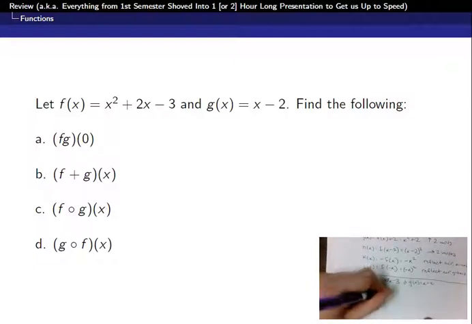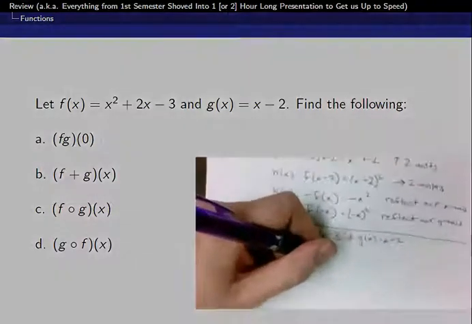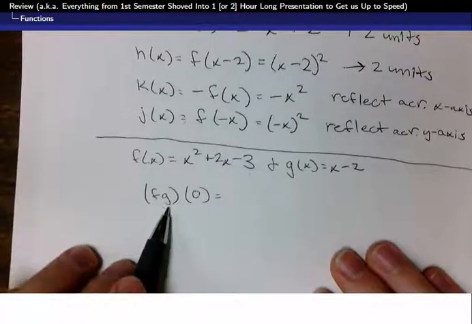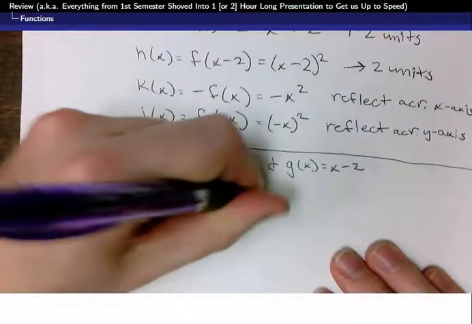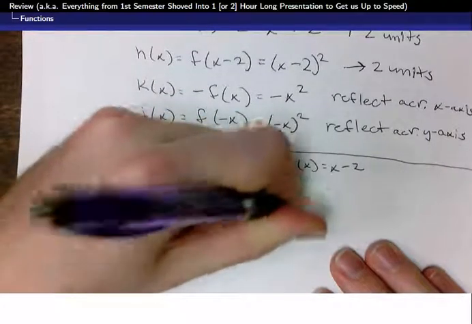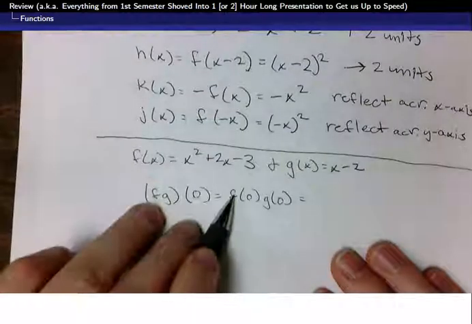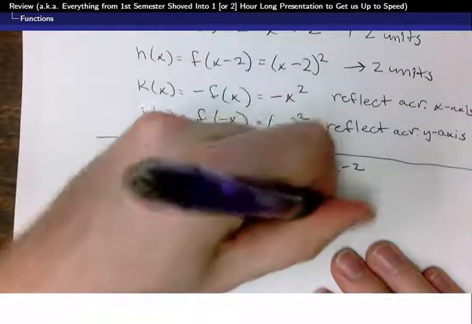And if I evaluate that function at a certain point, so if I want to evaluate the function f times g at the point 0, I can just take f of 0 and then g of 0 and then multiply those two together. So f of 0, if you plug in a 0 for x here, we're going to get a -3.